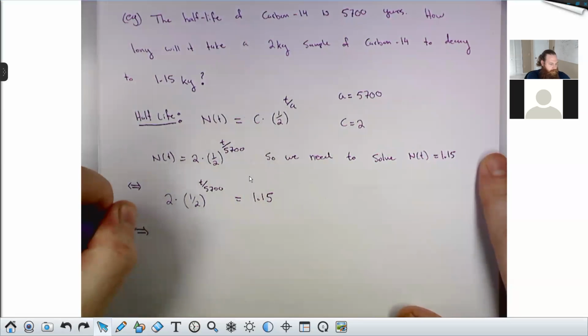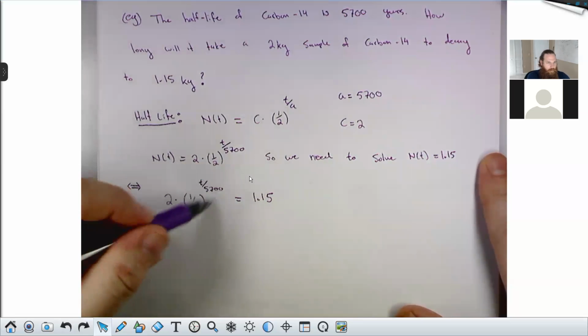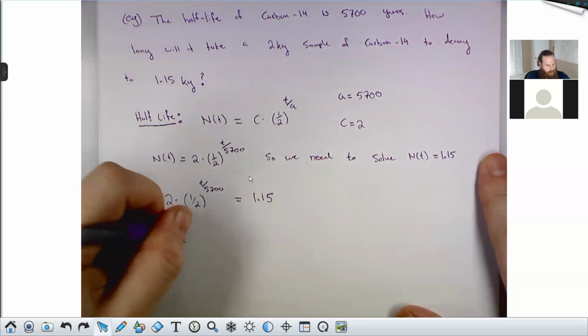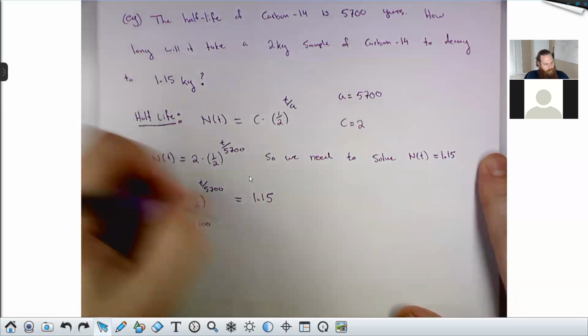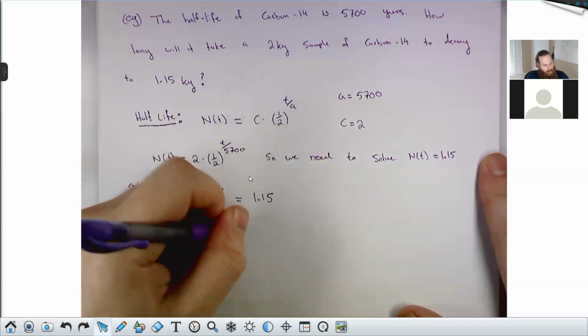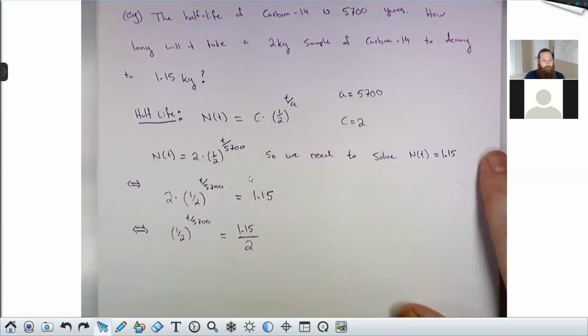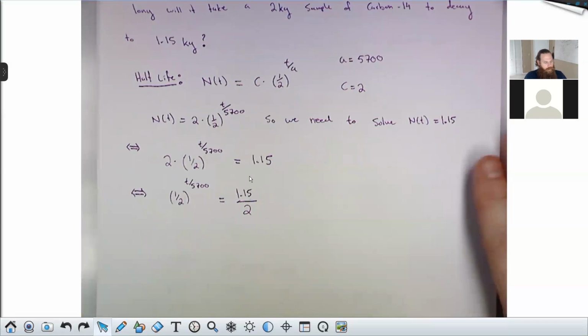First, we have to isolate the exponential term, which is this guy. Yep, so we do that by dividing by 2. And I'll just write that as 1.15 divided by 2. There's no harm in that. And then I would take logs.